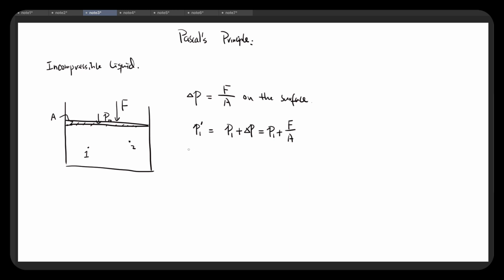So this principle says that delta P1 equals delta P2 equals delta P3 equals delta Pn. Any point inside the liquid has the same change of pressure. Pascal's principle is also responsible for a device called a hydraulic lift.